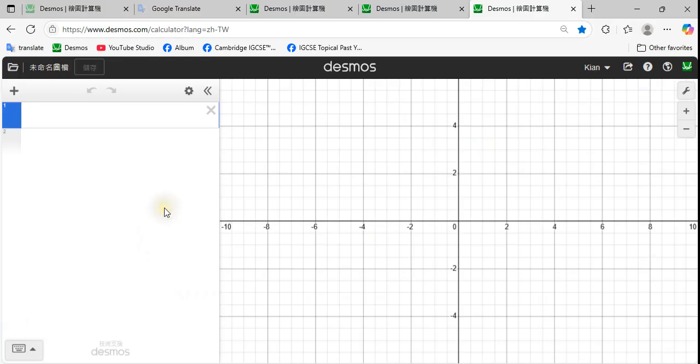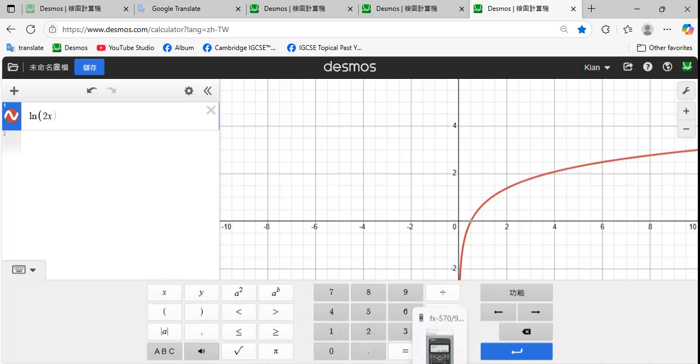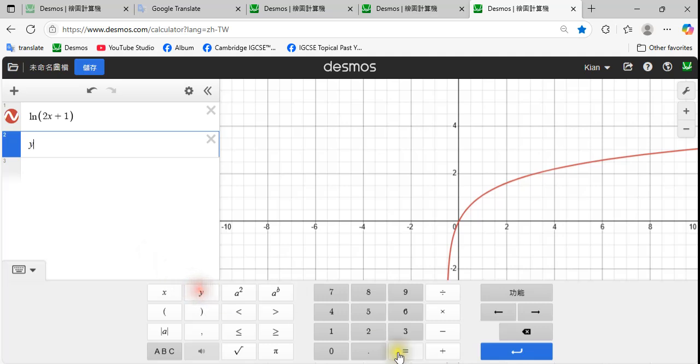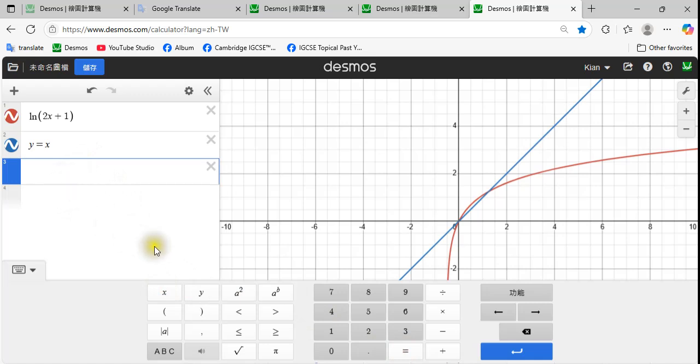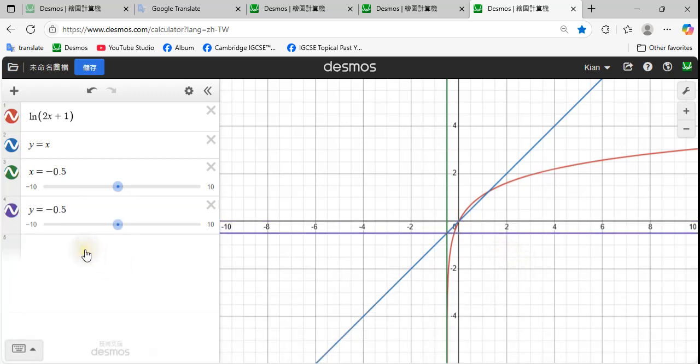So we have ln(2x plus 1), okay, is this, and then we have y equal to x, and we have x equal to negative half, negative 0.5, as the asymptote, and then y equal to negative 0.5 as the asymptote.